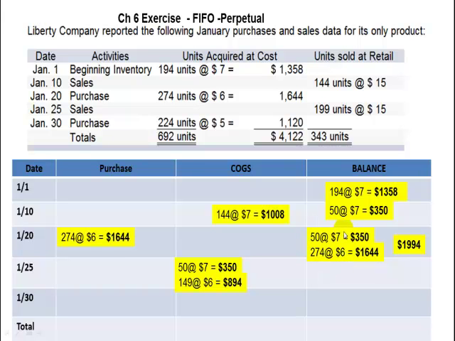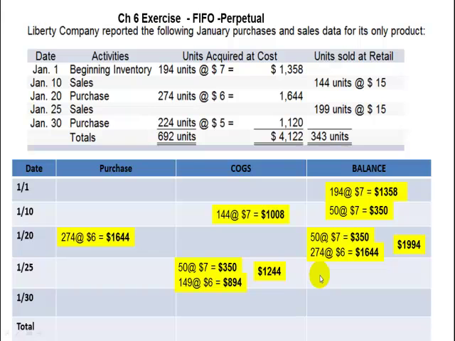So we sold all of these at 50, these ones that were $7 a piece, and we've sold 149 of these that we paid $6 a piece. So it's now time to come up with the total cost of goods sold for this sale, which would be $1,244. The sum of these two, $350 and $894.